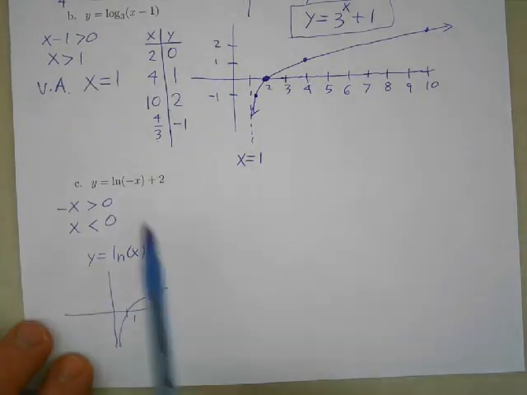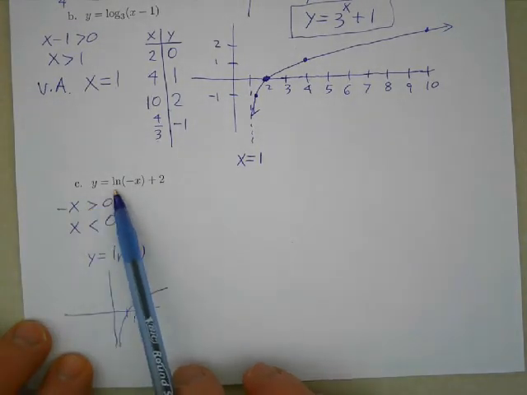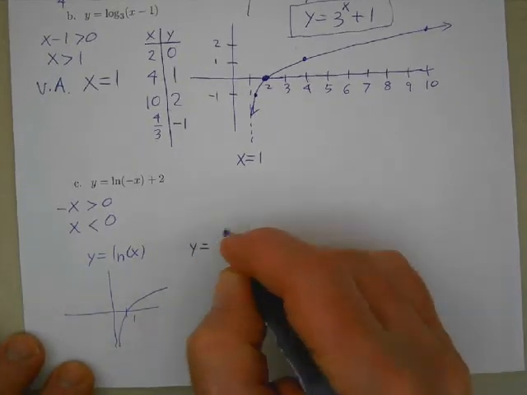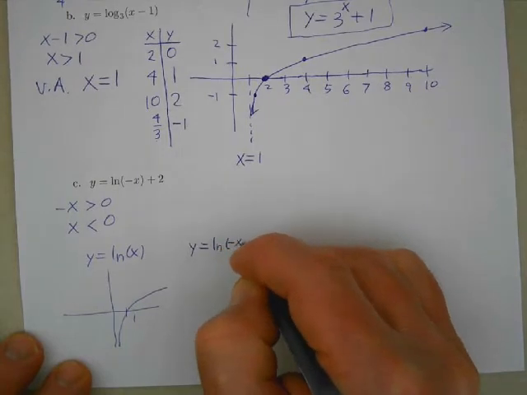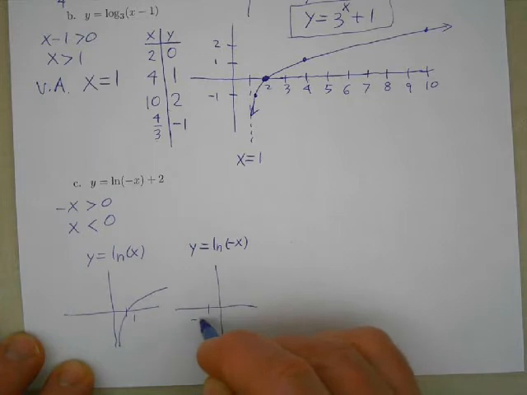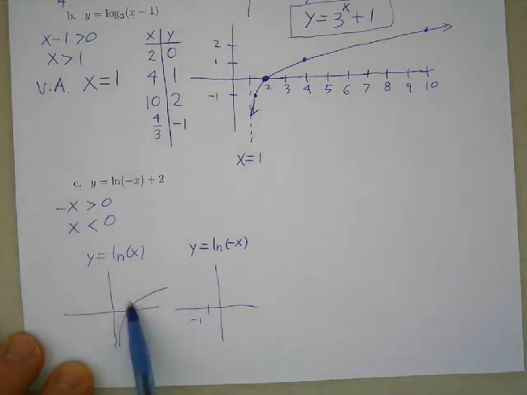And so the graph of y equals the natural log of negative x is the reflection of y equals the natural log of x across the y-axis. So we can graph y equals the natural log of negative x by reflecting the graph of y equals the natural log of x across the y-axis.